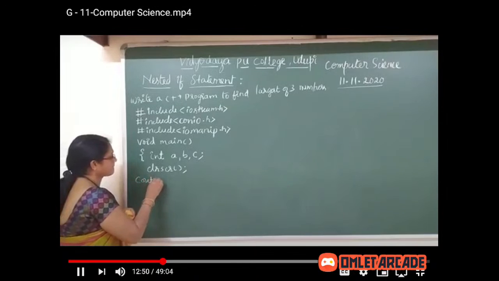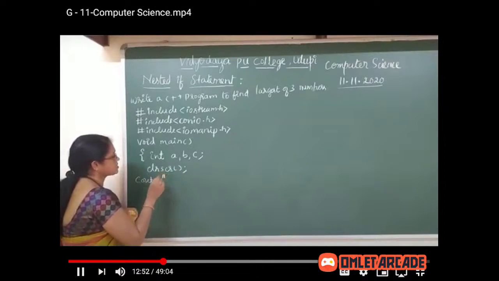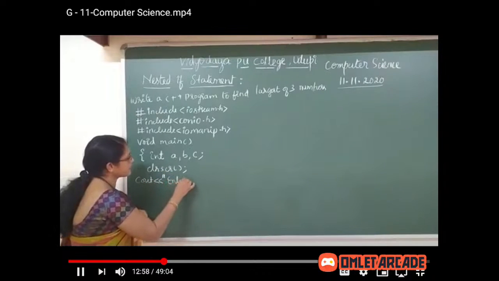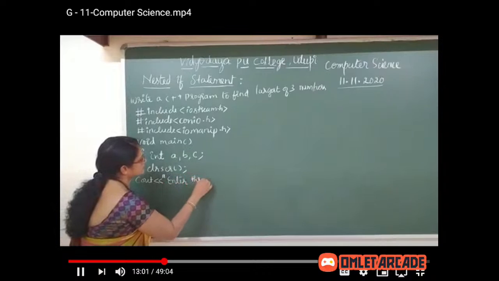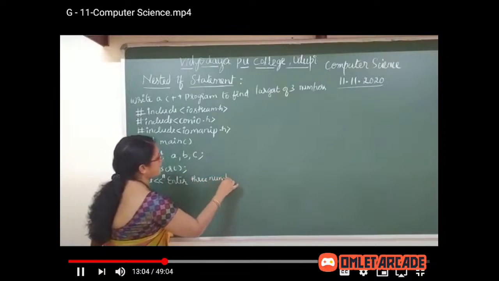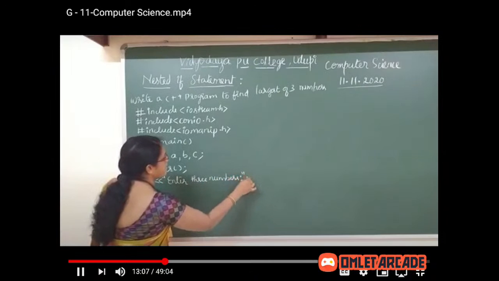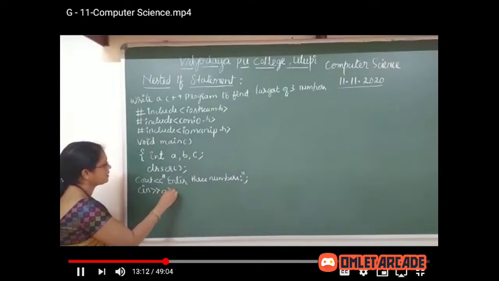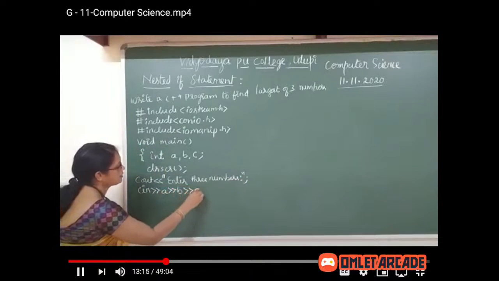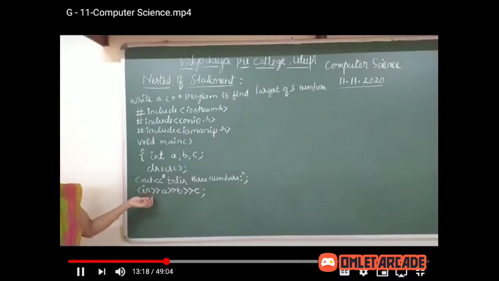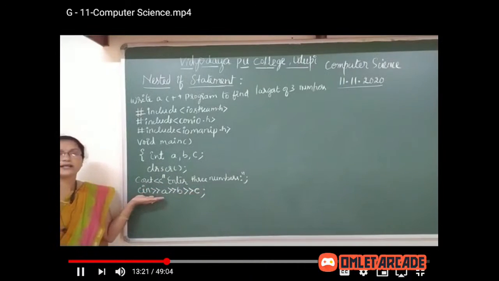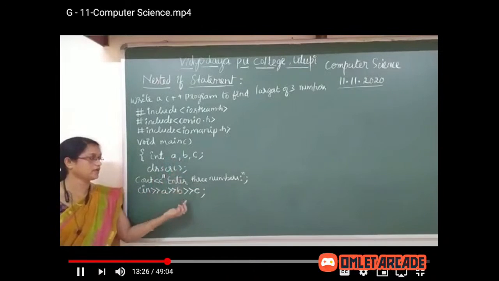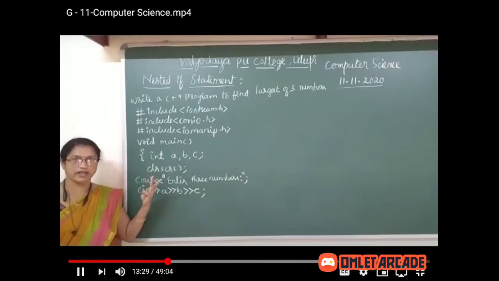Next, cout, insertion operator along with cout, open double quotes, enter three numbers. Next, cin, extraction operator a, one variable, then again extraction operator b, another variable, c. Three numbers, three variables.